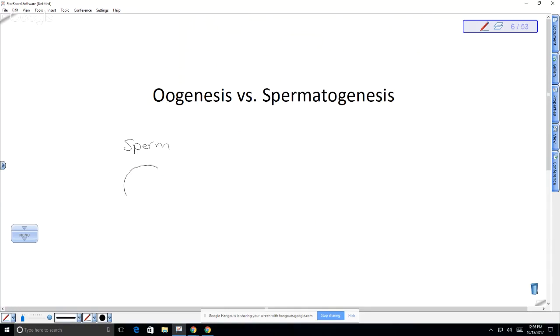So we start out with a diploid cell. So this is my diploid cell. And this cell is in the testes. And it has been sitting in the testes, and it has been marked for a cell that is potentially immortal because it's going to get passed on to the next generation. So it is going to go through cell divisions.